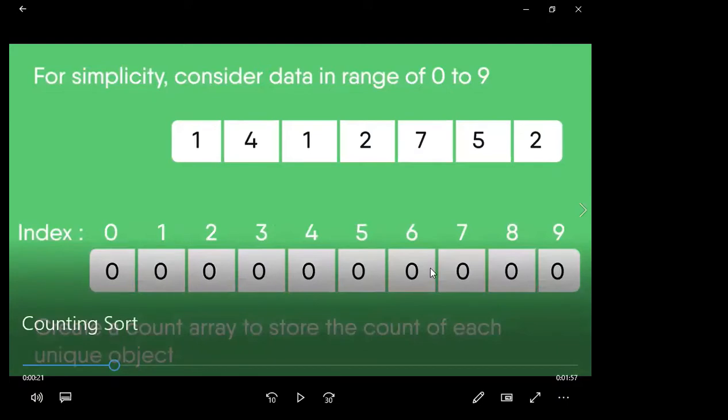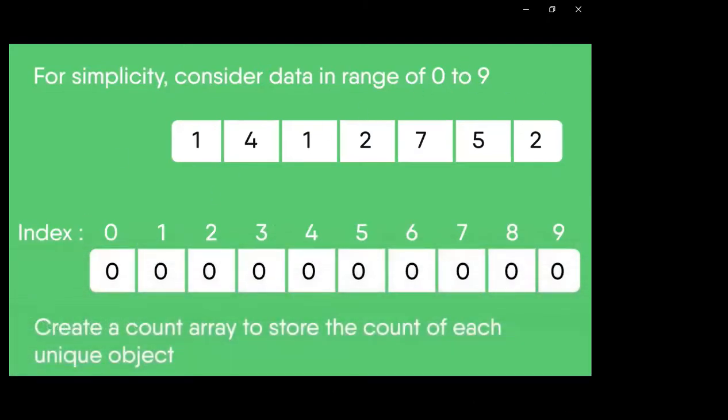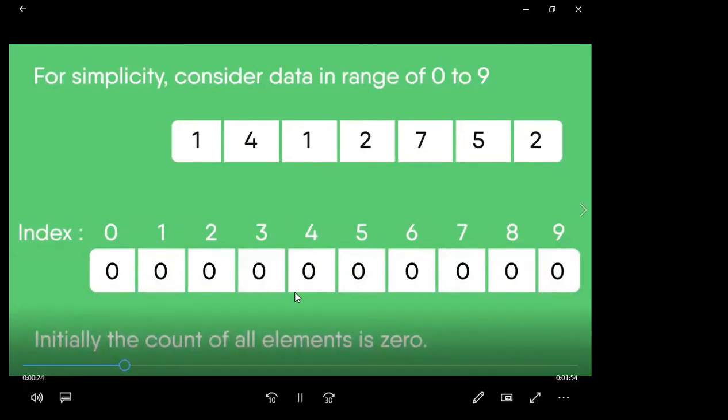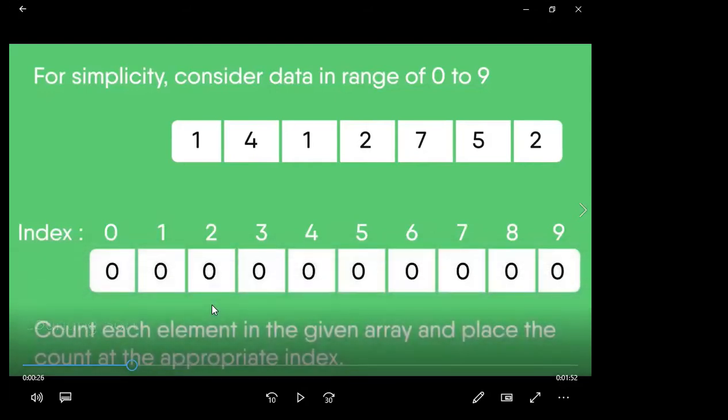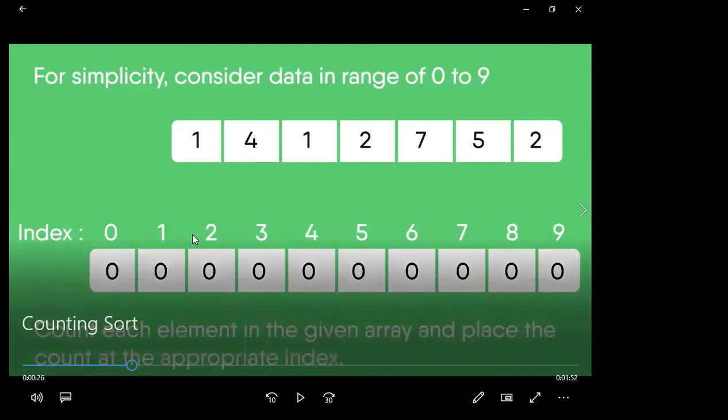We have created a temporary array from size 0 to n. And initially, we'll put all the elements as 0 inside this temporary array.